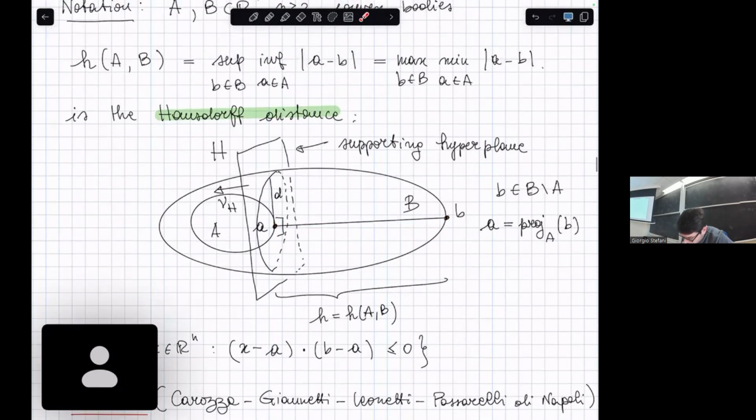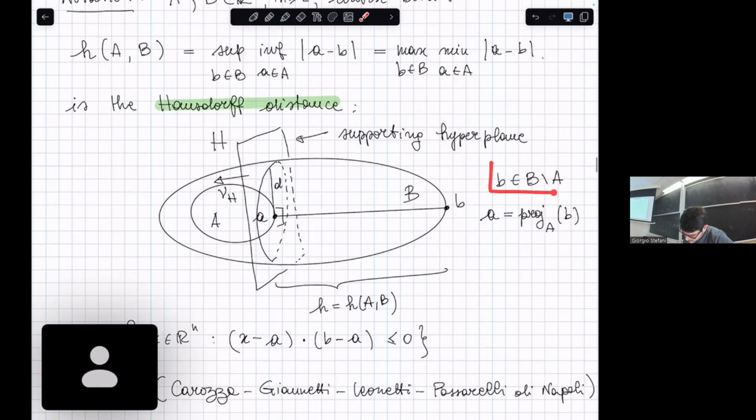Of course, this is a sup-inf by definition, but it is a max and a min because the sets are compact, so everything is continuous and you get a minimizer and a maximizer. b will be generically a point in B which is not in A, and a, by definition, will be the orthogonal projection of the point b onto the convex set A. In fact, if you take the line connecting a and b, and then the orthogonal plane to this line, this will be a supporting hyperplane for the set A, which means that it is essentially the tangent plane.